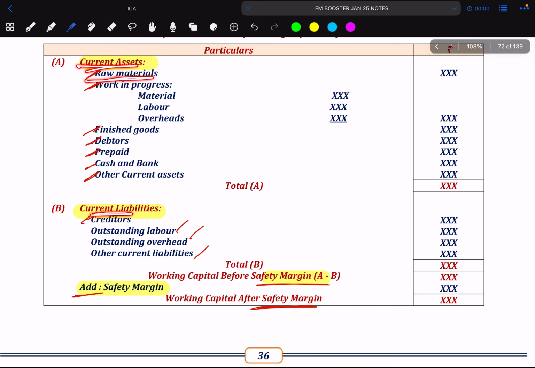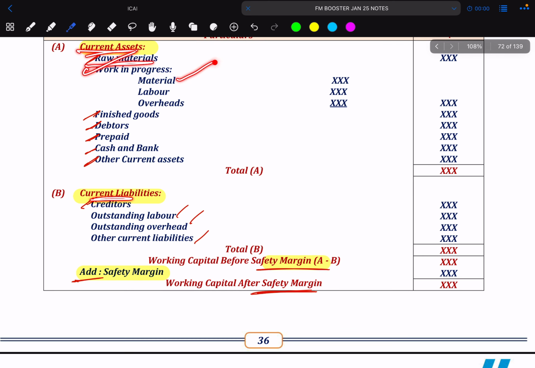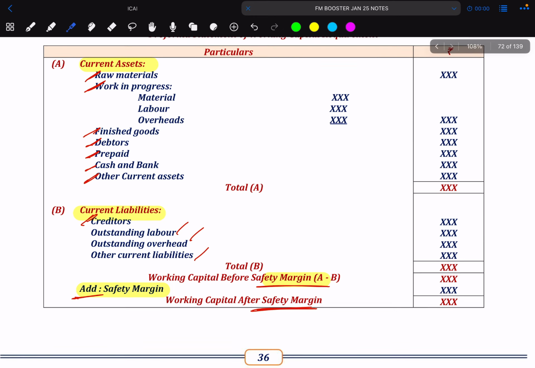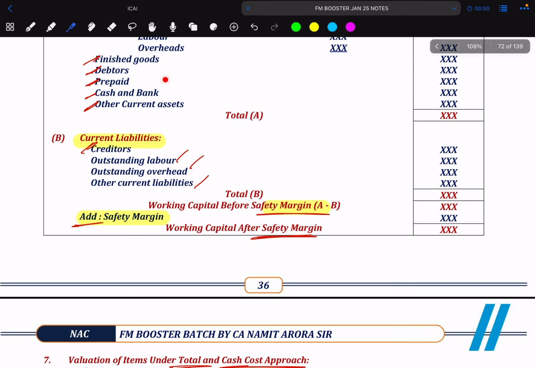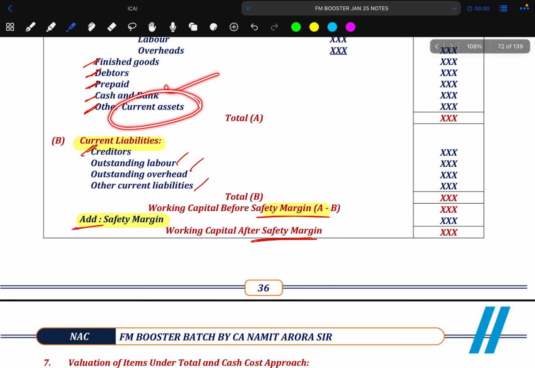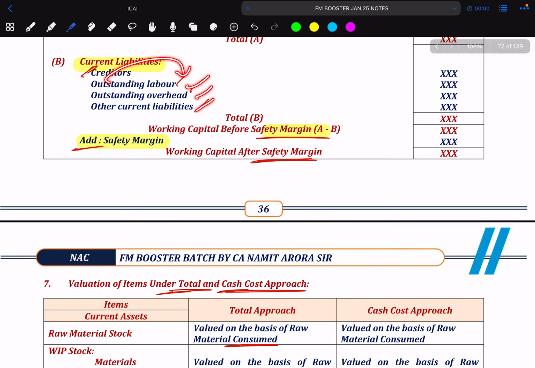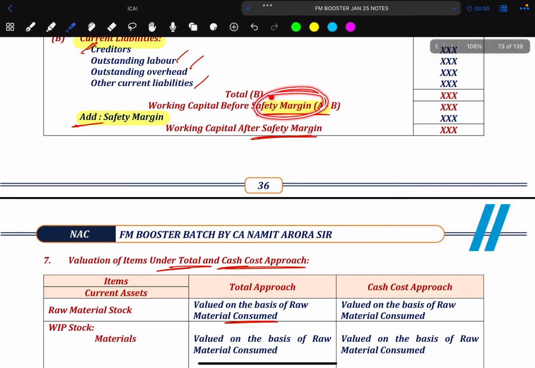The current assets are, first one, raw material, work in progress, where material, labor and overhead will come, and finished goods will come, debtors, if anything is prepaid, prepaid expenses kind of, and cash and bank balance. That is the current assets. And when it comes to liability, first creditors will come, and outstanding labor, overhead and other current liability. Okay, so if they say maintain some 10% for safety margin and all, take the safety margin, done.